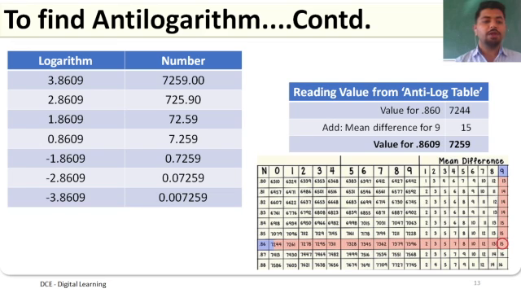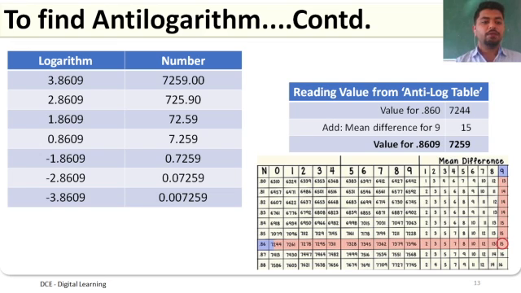In the third example, 1.8609, here also the characteristic is positive. To this add 1. So the number of integral digits will be 2 and the final number will be 72.59. Similarly for 0.8609, the number will be 7.259.